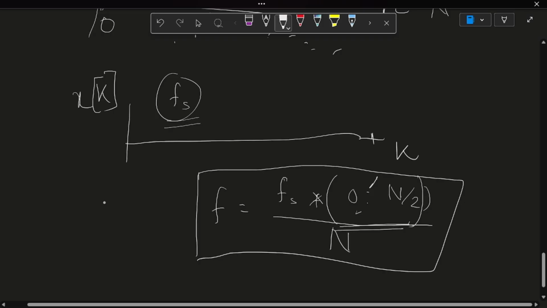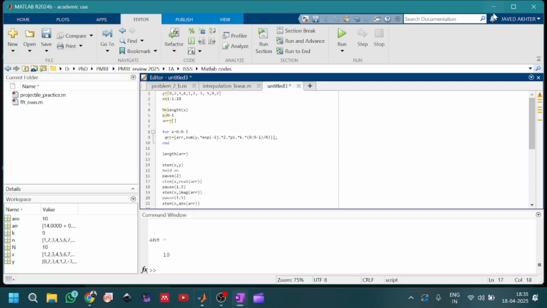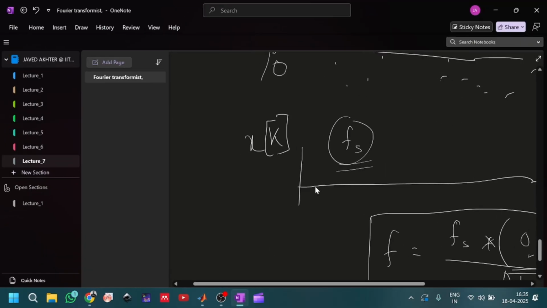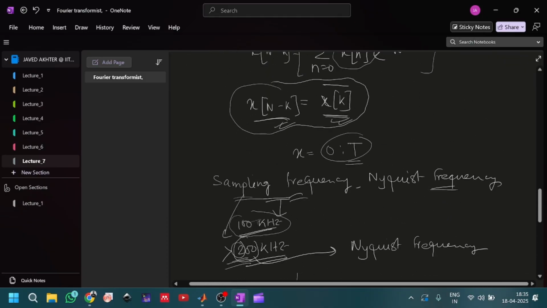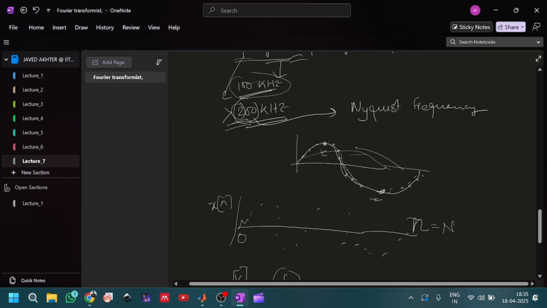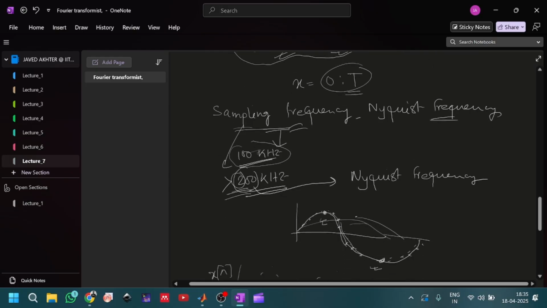Let me try to implement this in MATLAB and write MATLAB code for the fast Fourier transform. Here you don't have to compute all the n squared elements. You have the condition that X[n minus k] is the complex conjugate of X[k], so it replicates your system behavior.